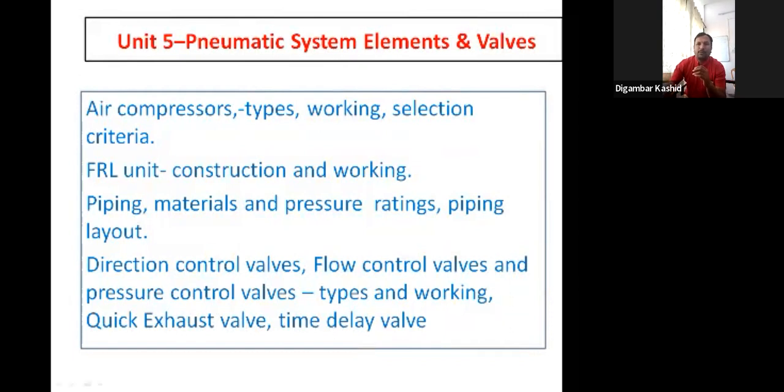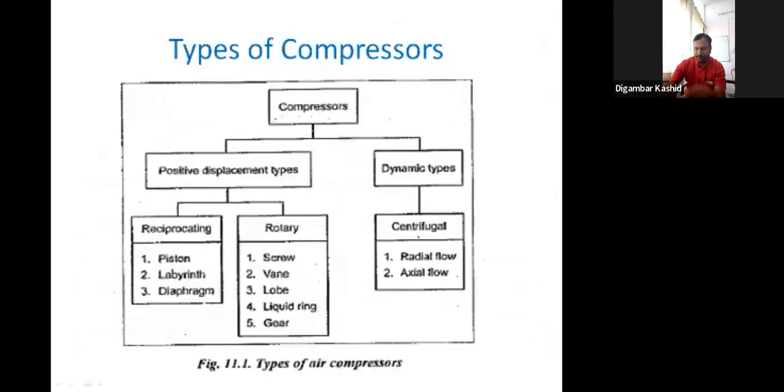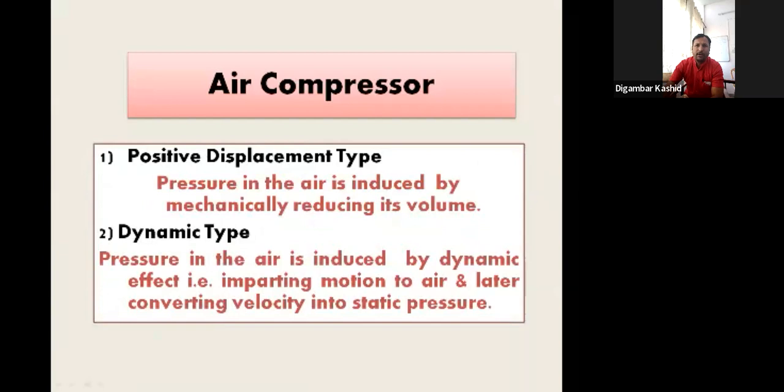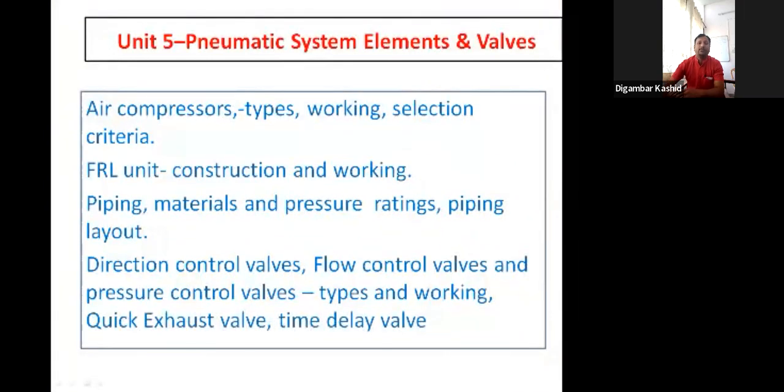The most important point for this unit number 5 is that the pneumatic system has one separate unit, the FRL unit: filter, regulator and lubricator. It is used only for the pneumatic system. Air compressor is the first topic.